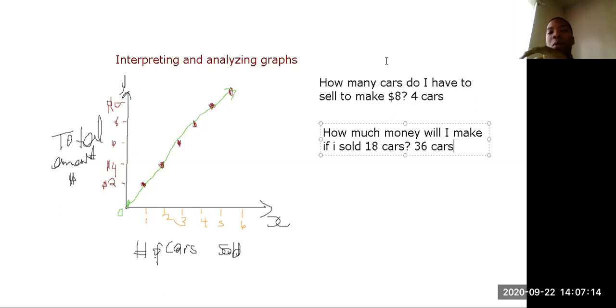So when I say we want to learn how to interpret a graph, all we're doing is matching the numbers. All right, how would I write this in point format if I wanted to combine 2 cars with $4? You know, the parentheses, how would I write that in there?